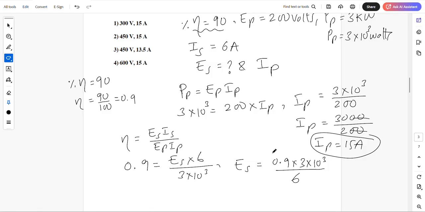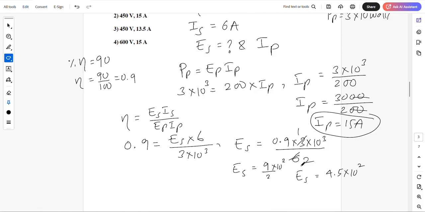Simplifying, ES is 9 into 10 to the power of 2 by 2, that is 4.5 into 10 to the power of 2, equal to 450 volts. So ES is equal to 450 volts.